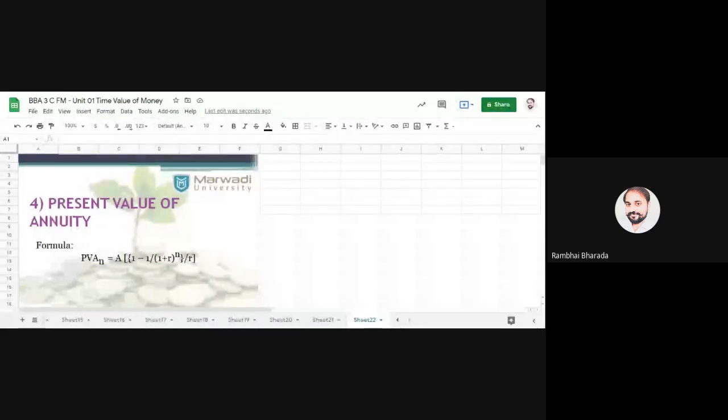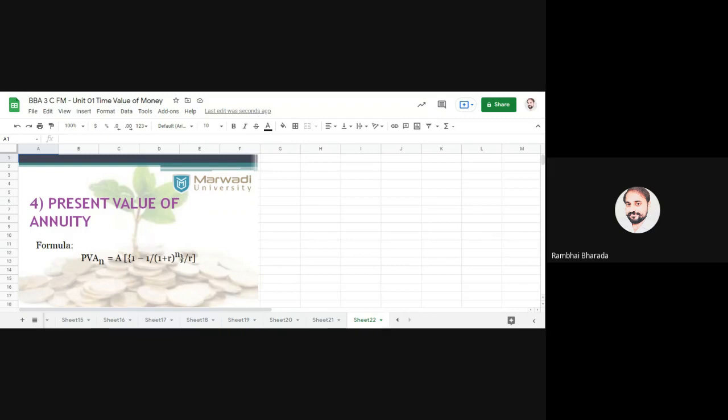Write down the title: present value of an annuity. Okay, look at the formula.